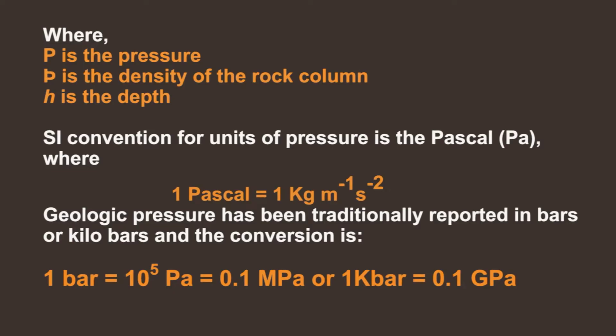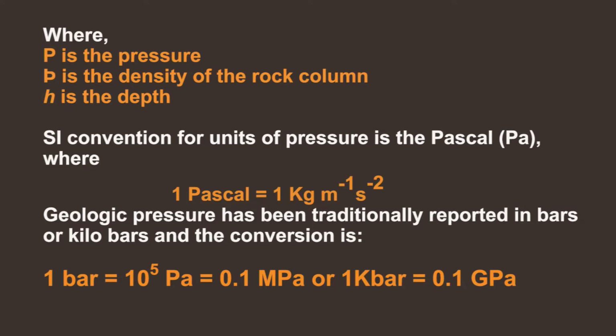Lithostatic pressure is exerted by the overlying mass of the rock, and its magnitude depends on the depth and the density of the rock column. Knowledge of the depth of lithostatic pressure is of paramount importance in making tectonic reconstruction. The relation between pressure and depth in the crust is given by the equation P equal to rho g H, where P is the pressure, rho is the density of the rock column, and H is the depth.